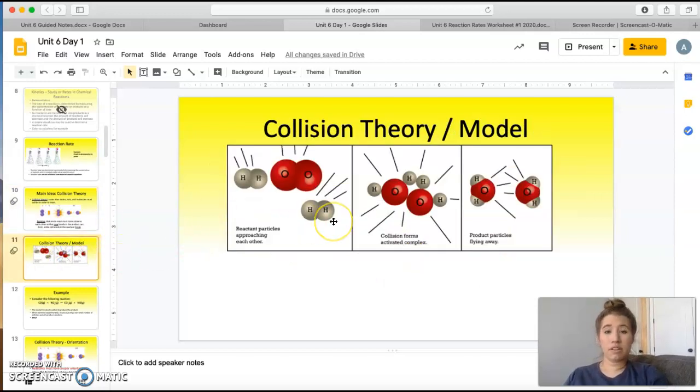Okay, so here's another example with water. If we have hydrogen gas and oxygen gas, they have to collide and form what we call this activated complex, which is just that perfect alignment where this collision is happening, so that we end up with the new product.